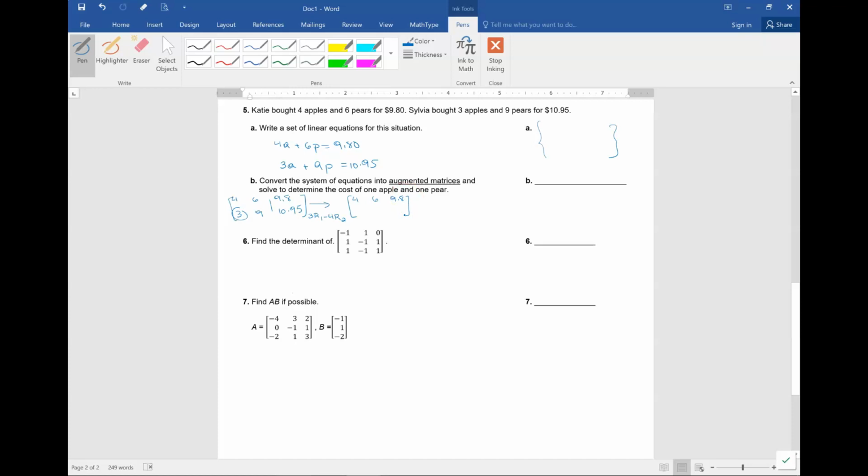Okay, here 3R1 minus 4R2, that gives you a 0. And then here I have 3 times 6 minus 4 times 9. That gives me -18. And for the last one, I have 3 times 9.8 minus 4 times 10.95, -14.4.